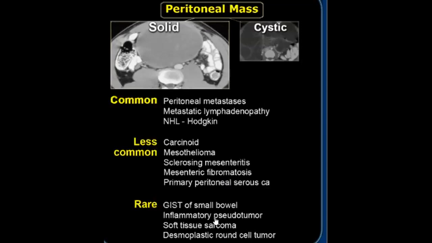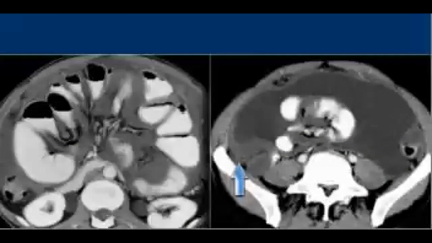GIST, inflammatory pseudotumor, soft tissue sarcoma, desmoplastic round cell tumor. This is very rare, as he mentioned. This case was mucinous carcinomatosis, so peritoneal carcinomatosis, thickening in the peritoneum.